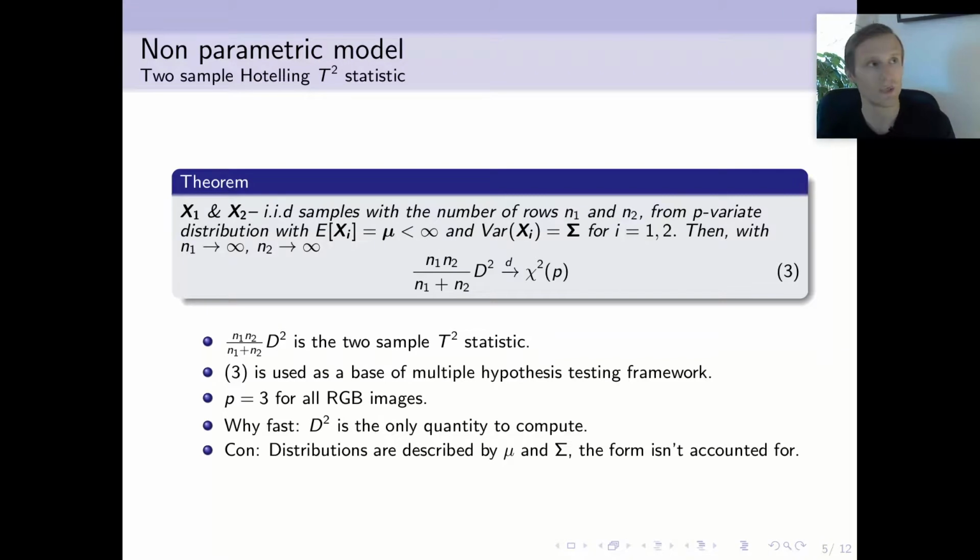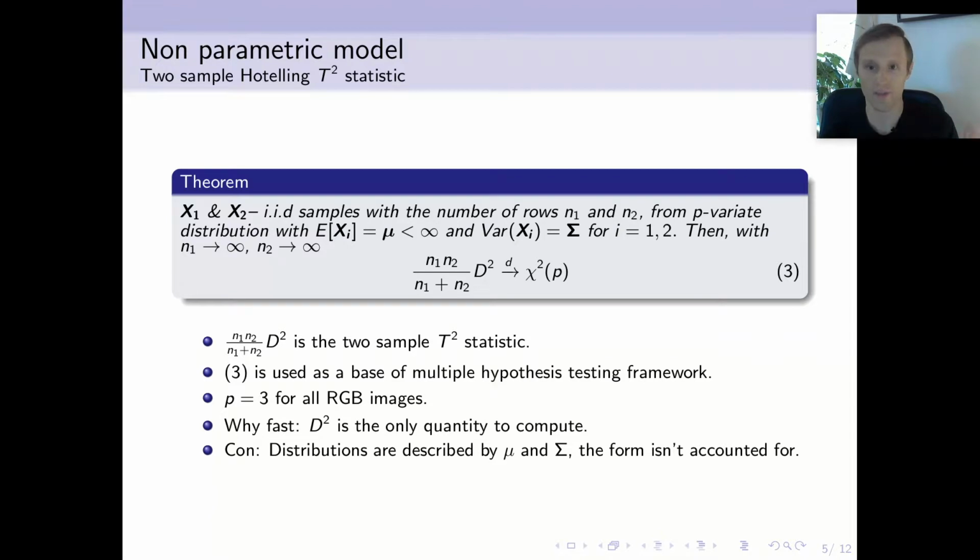So what we do, we take a set of forest images and a test image. We compute all the Mahalanobis distances for pairs of the test and the reference image. Then we extract the minimal one, and then we see if this value passes a certain threshold or not.